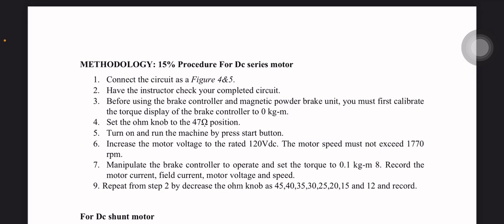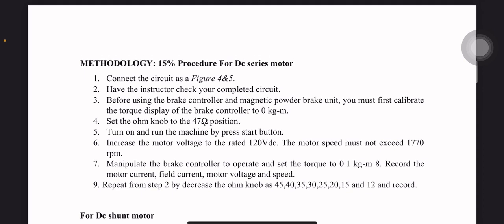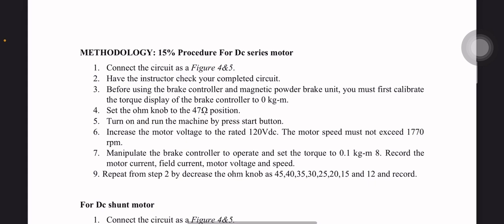Next, increase the motor voltage to the rated 120 volts DC. The motor speed must not exceed 1770 RPM. Okay, next, set the brake controller to operate and set the torque to 0.1. Next, record the motor current, feeder current, motor voltage and speed.